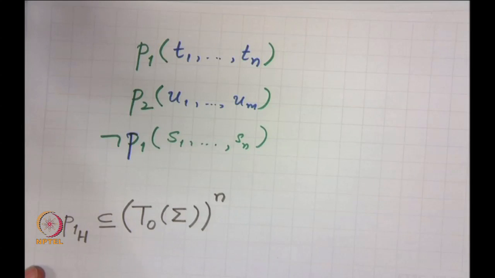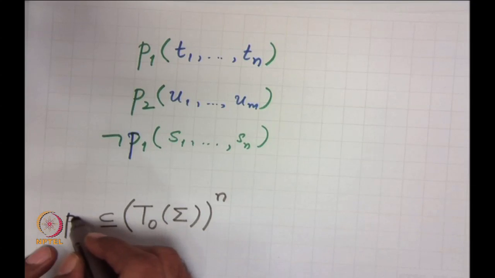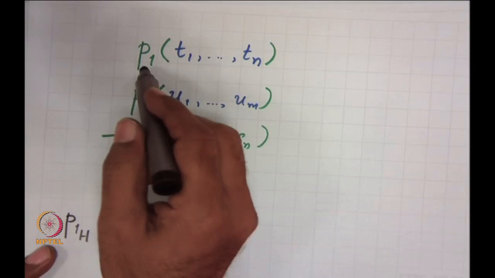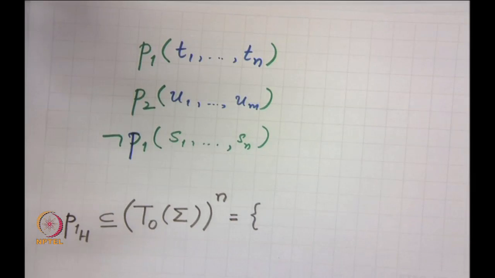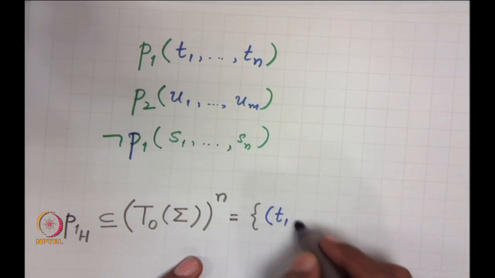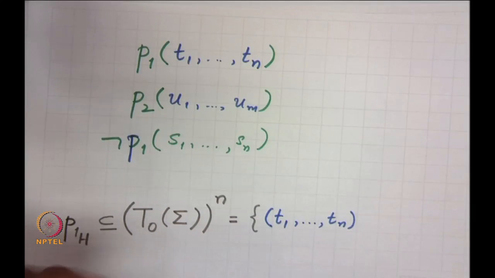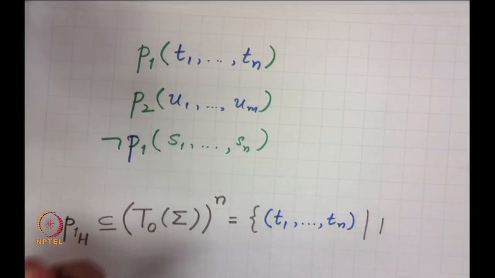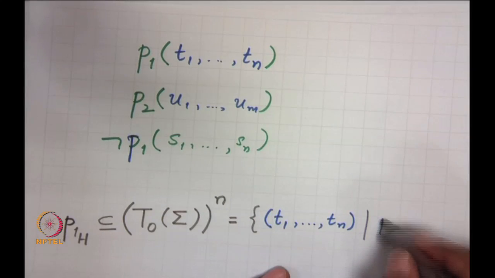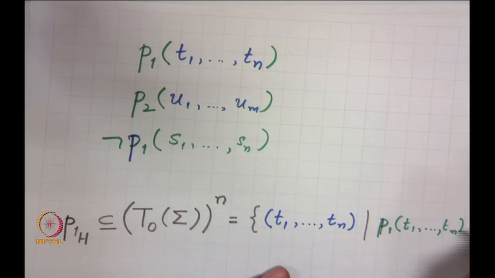If P1 has to have this kind of structure, we have to take the ground terms. So, we define the interpretation of P1 as essentially the set of all these tuples T1 to Tn such that P1 of T1 to Tn belongs to capital lambda.